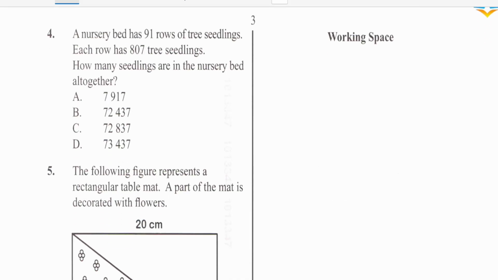Now for the 4th question, it is asking you that a nursery bed has 91 rows of tree seedlings. Each row has 807 tree seedlings. So how many seedlings are in the nursery bed altogether? So remember that it has 91 rows.